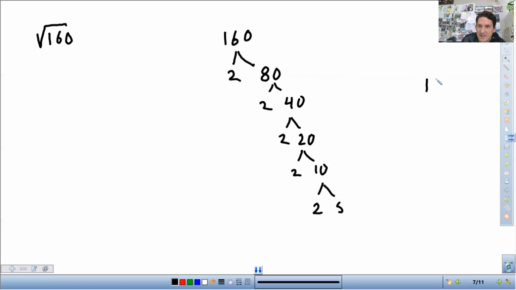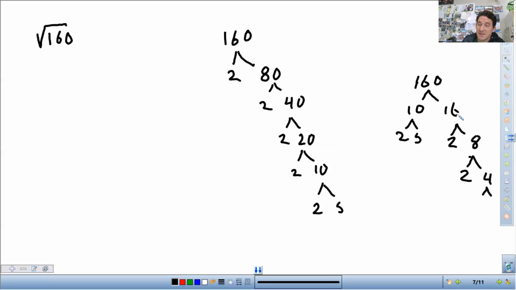Again, you might split it up into something completely different, and that is fine. A lot of people would probably go 10 and 16. And then 10 splits into 2 and 5. And then 16 splits into 4 and 4, and then 2 and 2.